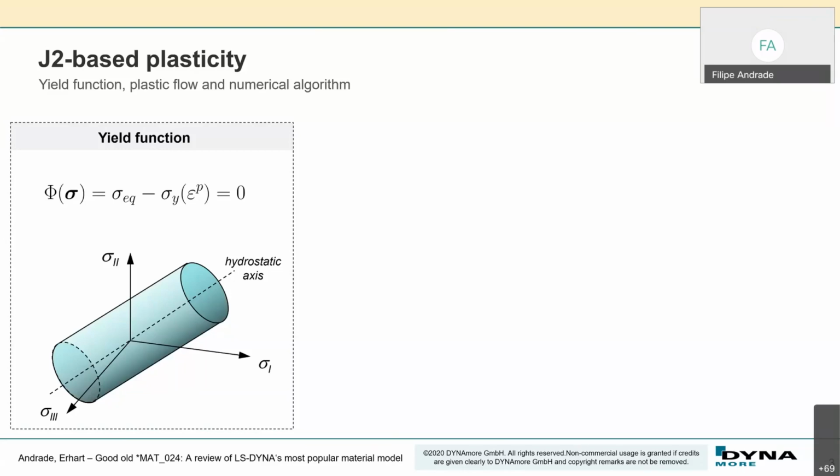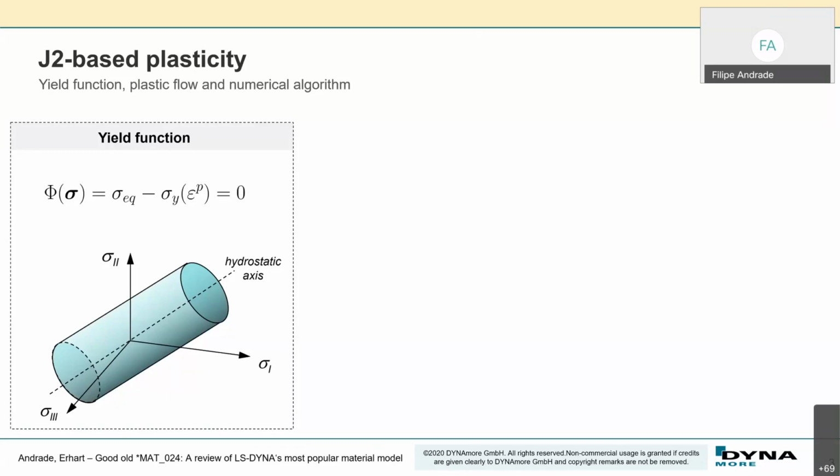The yield function in MET24 is actually quite simple. It's just the equivalent stress, also known as the von Mises stress, minus the yield stress, which can be a function of the plastic strain. This plastic strain is the equivalent plastic strain, which is accumulated throughout the deformation process. And basically what MET24, or any J2-based plasticity algorithm, does is check first if the yield function is satisfied or not.